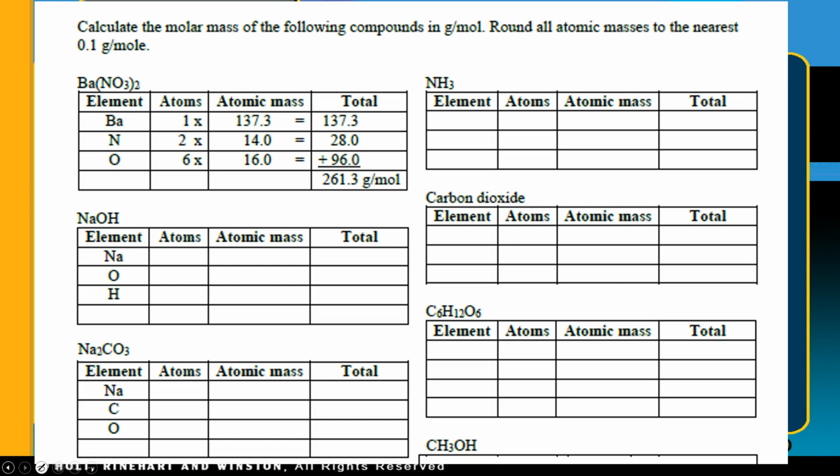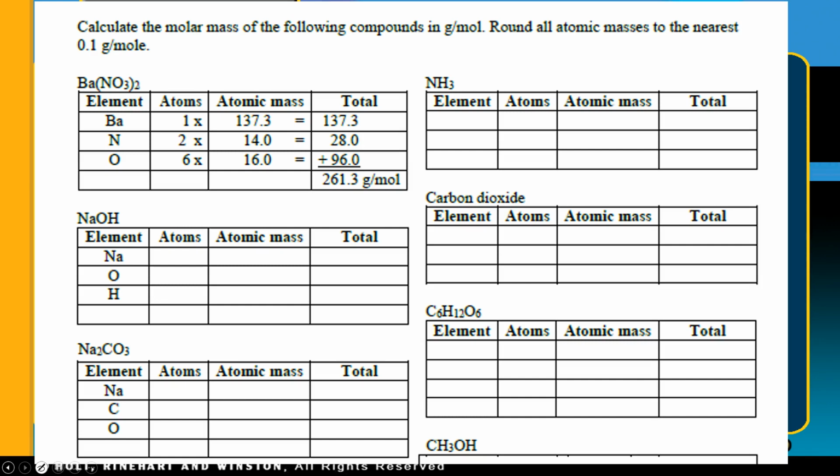All right. So I'm going to look at this sheet real quick, making sure that we understand what I'm asking for on it, making sure that we are all on the same page. So if we look at the example, we did barium nitrate earlier, except we did it to 2 decimal places instead of 1.